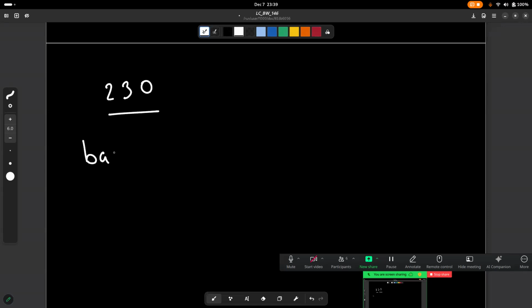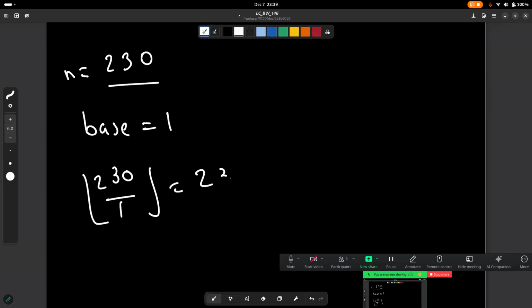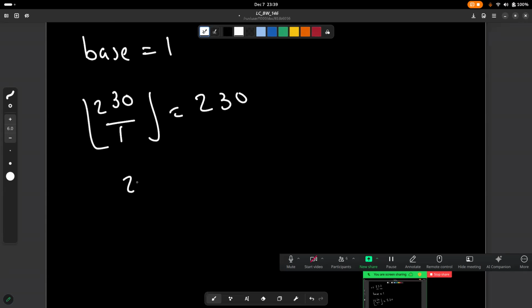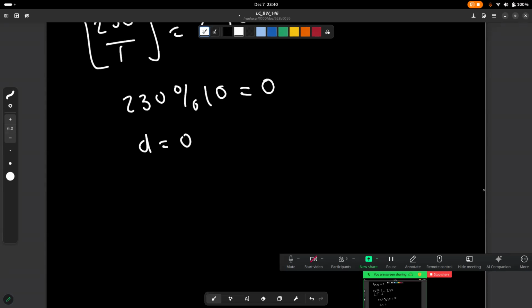First, we have base of 1 and our n value is 230. So 230 divided by 1, lower bound, that is 230. Take modulo 10, then you have 230 modulo 10, that is 0. So your digit is 0. Now, since digit is 0, you can't decrement this.